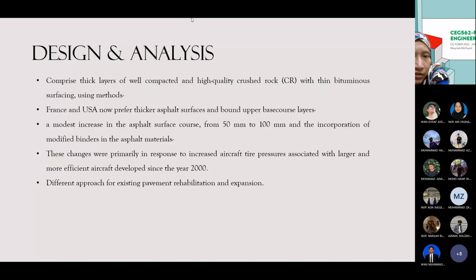Sebab dia makin tebal kan, kalau tengok yang daripada asal dia tu 50 mm, kemudian dia dah naik ke 100 mm. Kalau you sketch kan, asphalt surface cost ni at which layer? On top of it ataupun bawah sikit? Kita ada wearing cost kan, kita ada binder cost kan.